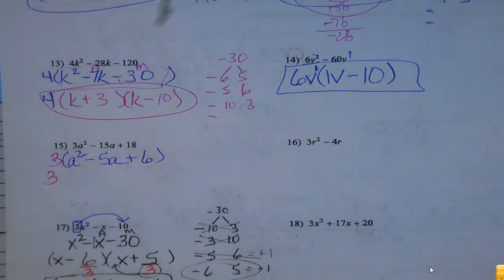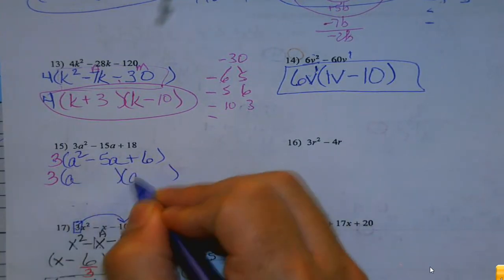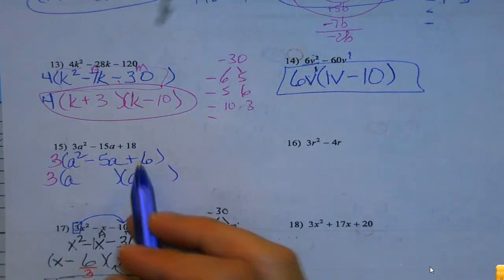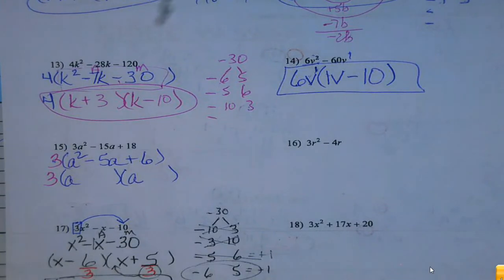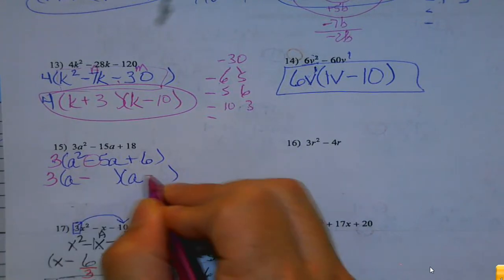I want life to be simpler on you. Run through my steps. I'm like, okay, I should be able to figure out signs here. Positive 6, again, means they're both positive or they're both negative. The middle sign will tell me which one. Both negative.